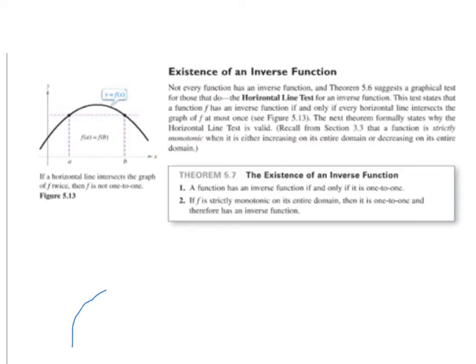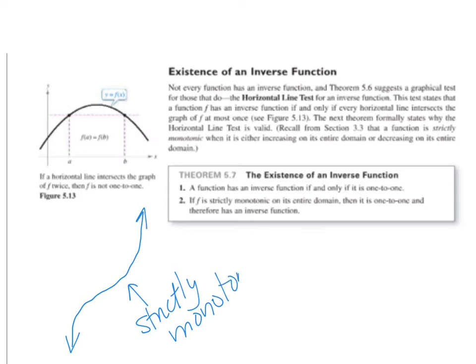But if you had a cubic function that was always increasing, or tangent even, this one would be strictly monotonic. So make sure that you have that term down in your notes, strictly monotonic. It's either increasing over the entire domain or decreasing on its entire domain so that it never changes like this one right here.